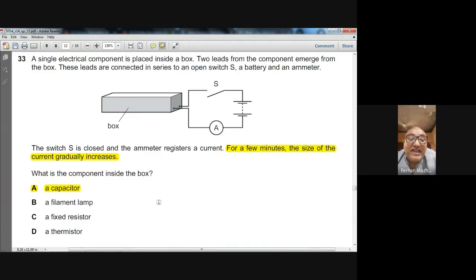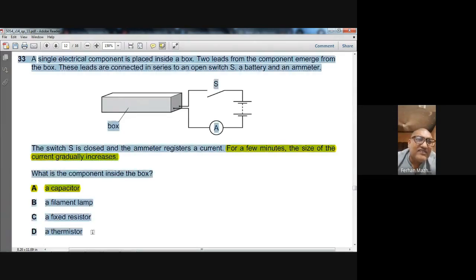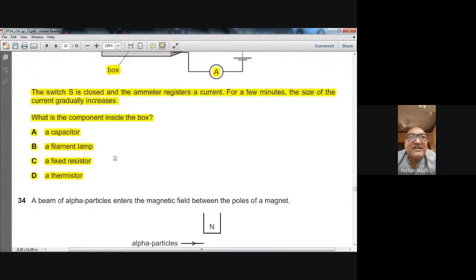A thermistor, oh yeah, if you put a thermistor here, what will happen? When the current flows through the thermistor, heat will be produced, and when the temperature of the thermistor rises, its resistance will decrease. So the current coming from the battery will increase. So the correct answer is, oh my god, I by mistake highlighted the whole thing. The correct answer is D.